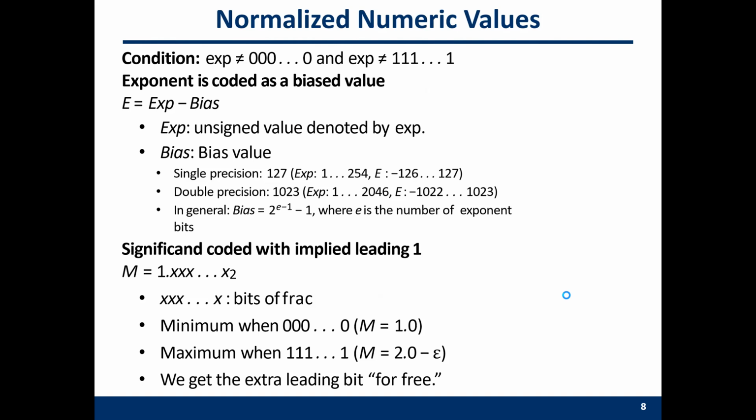If this is the range, then the bias is this value. So this value can help you to modify this range, moving the 0 to the center of this range. After you subtract the bias, this is the new range.